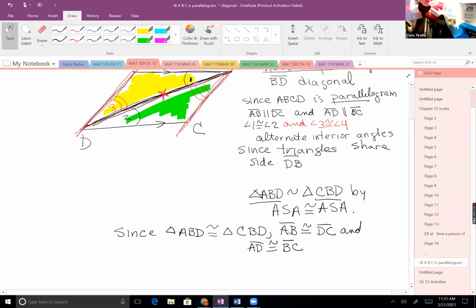If the triangles are congruent, doesn't it mean that all of the other parts are equal in measure?